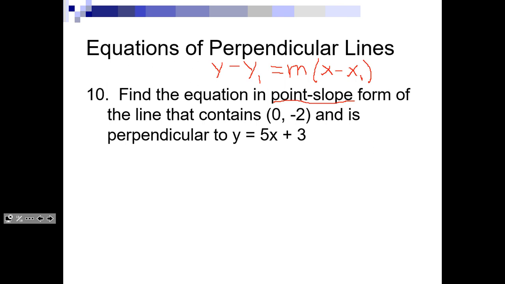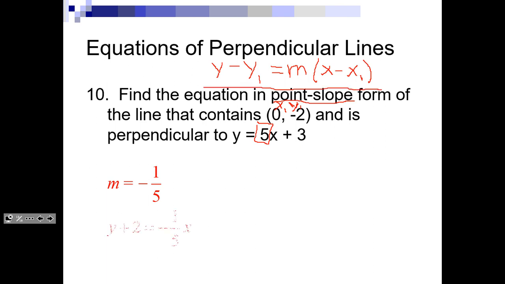First, we need to find the slope by taking the flipped and reversed slope of 5. So our slope of our new line is going to be -1 over 5. And now we are going to plug in our x1 and our y1 into this formula here with our new slope.